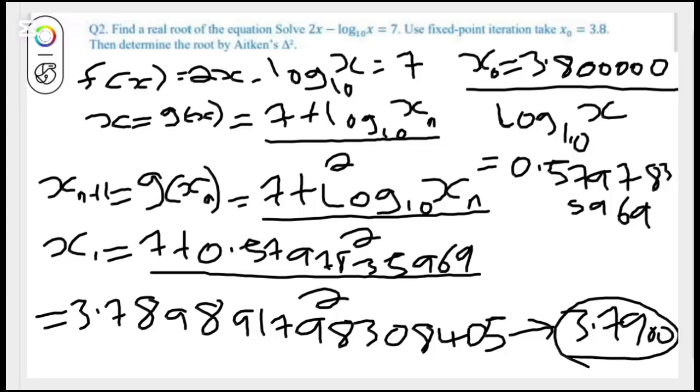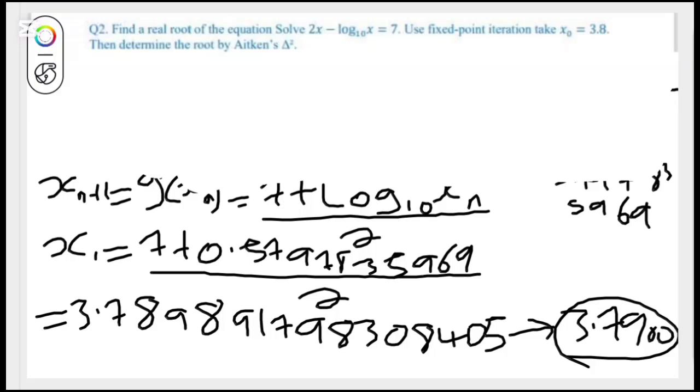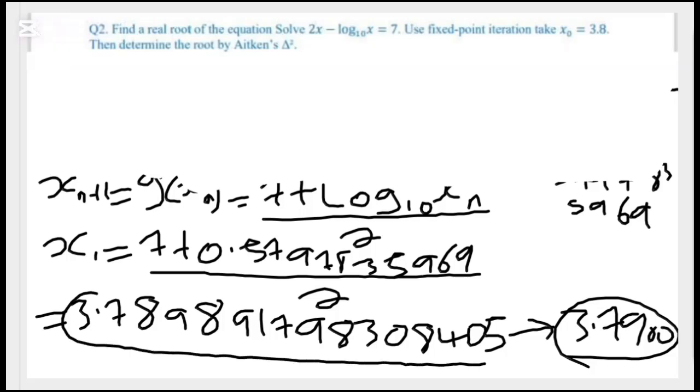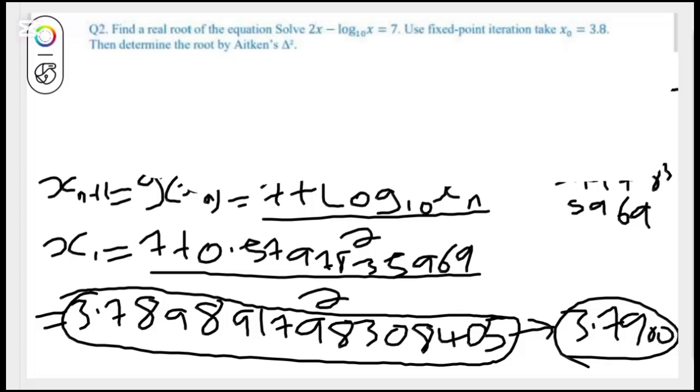I'll just carry only this value. So the next thing that I'm going to do is, the final solution that I already found, I have to multiply it with log of x1. So what is the log of x1? This is my x1.